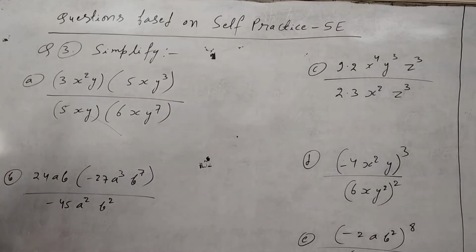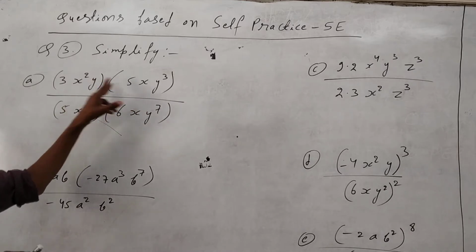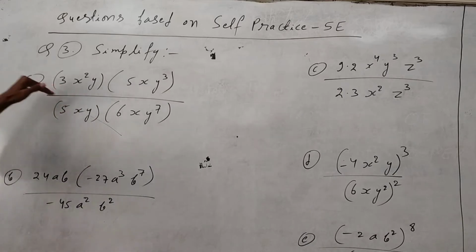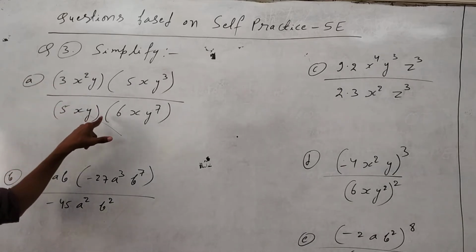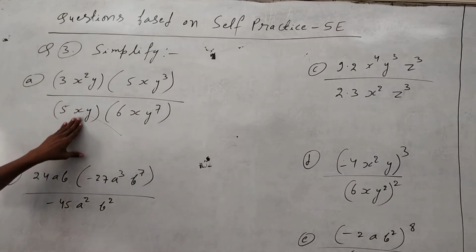So how do we do this? As you see here, there are small brackets, which means there is multiplication between them, and 5xy multiplied by 6xy^7 is another algebraic expression.